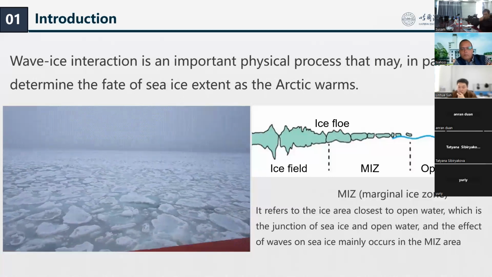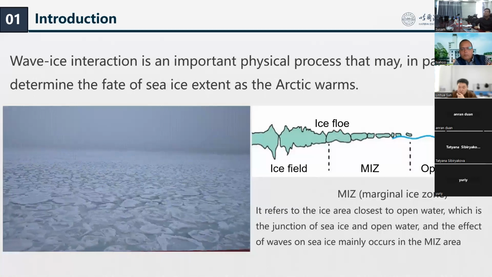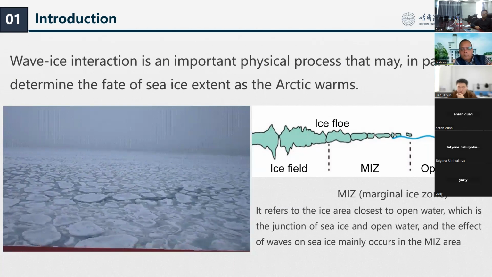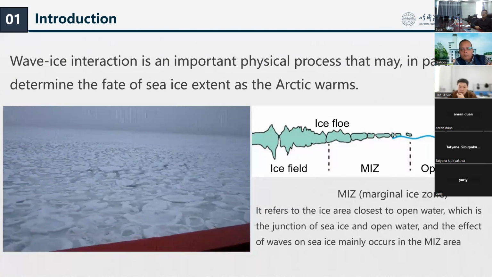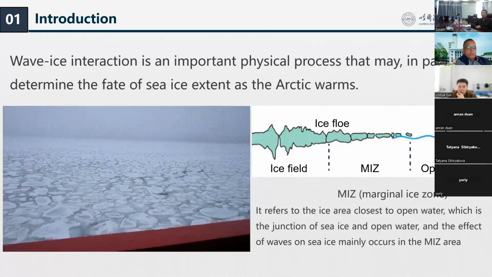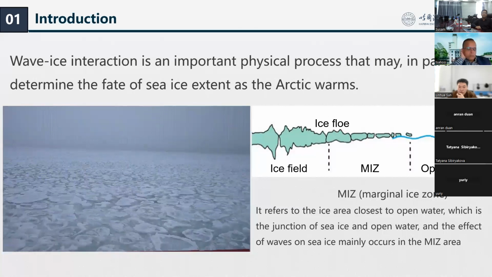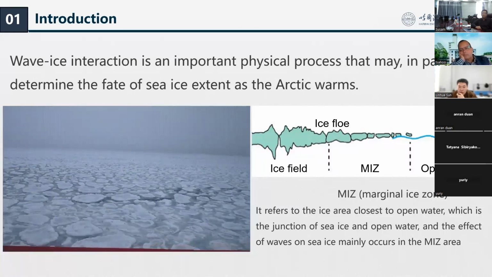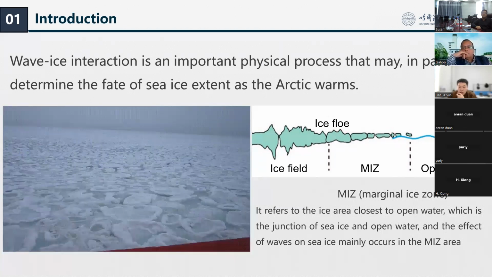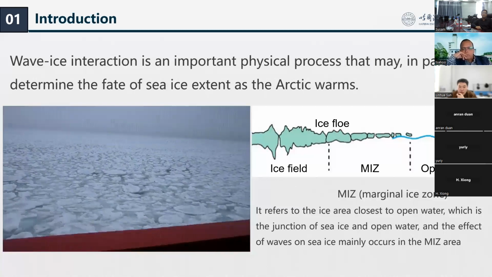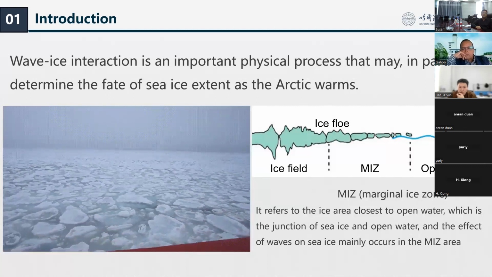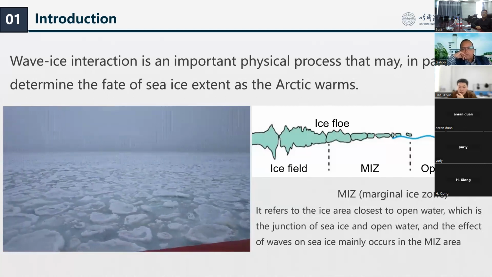And the picture on the right shows that as the distance from open water grows, the ice zone is divided into open water, MIZ, ice floe, and ice field. As we know, MIZ, the marginal ice zone, refers to the ice area closest to the open water, which is the junction of sea ice and open water, and the effect of waves on sea ice mainly occurs in the MIZ.